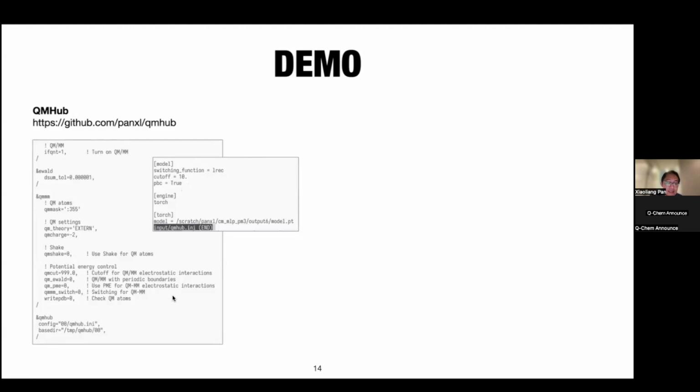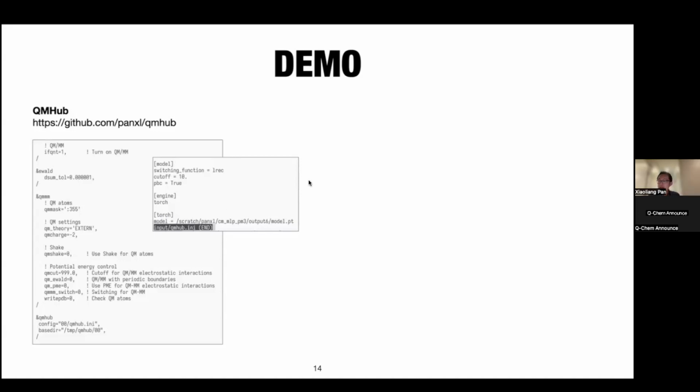In the later section, you can have more than one engine. For example, for multiple time steps, you specify engine 1 and engine 2. For each engine, you need to put the keywords. For example, this is a path to the model for PyTorch, and for Q-Chem, that could be the method or basis set we use.